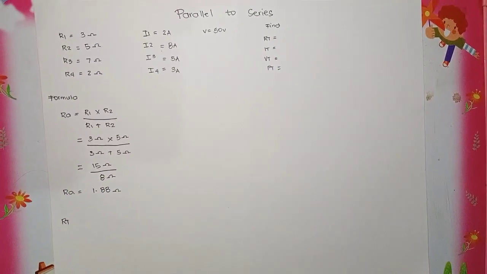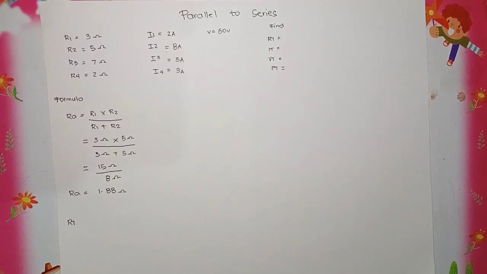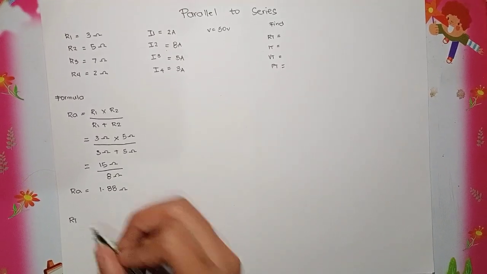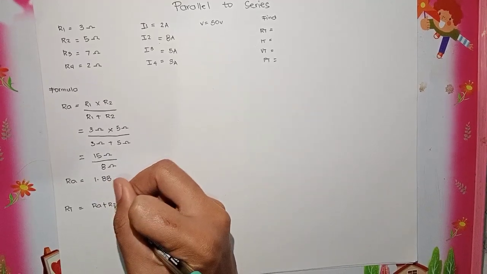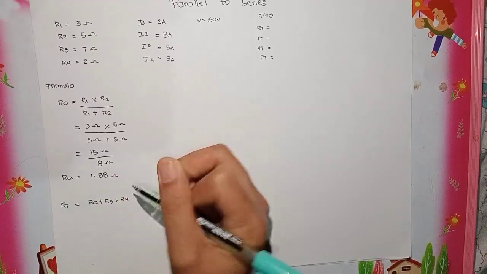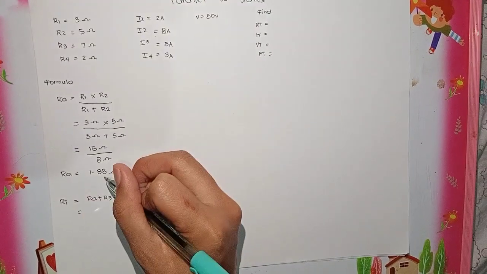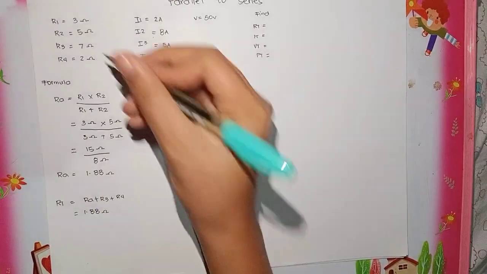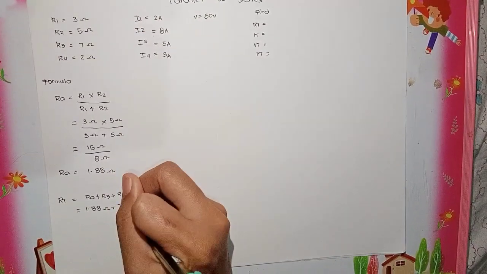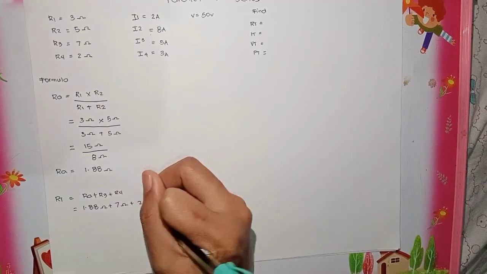So the formula in getting the total resistance is total resistance is equal to RA plus R3 plus R4. So RA which is 1.88 ohms plus R3 which is 7 ohms plus R4 which is 2 ohms.